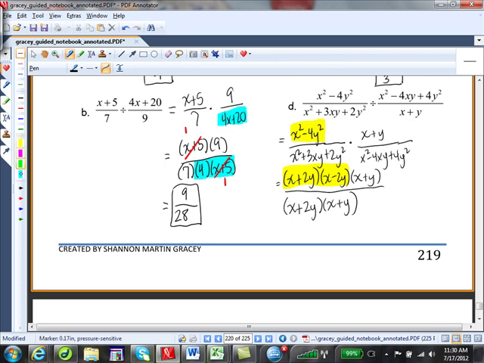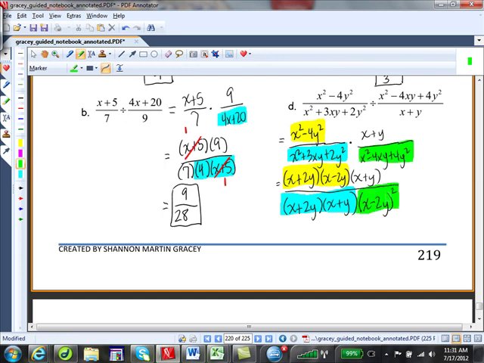So this is equivalent to this. And then the second denominator will factor as x minus 2y, the quantity squared. It's one of those perfect square trinomials.